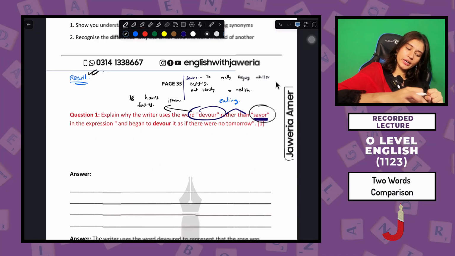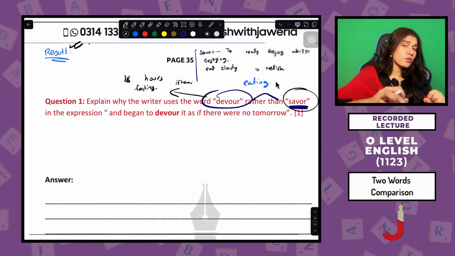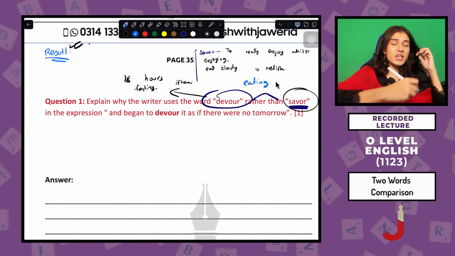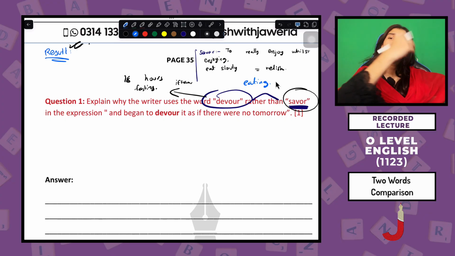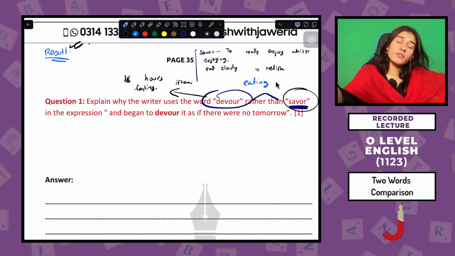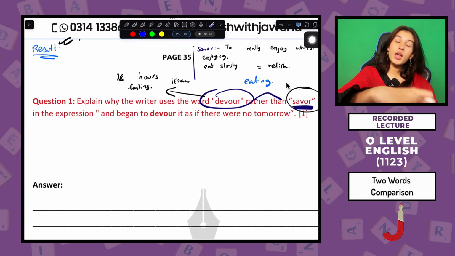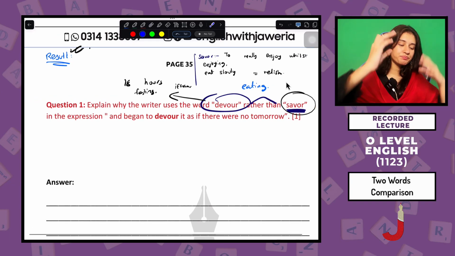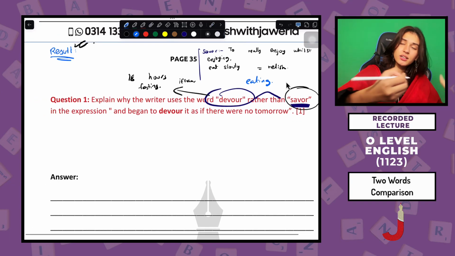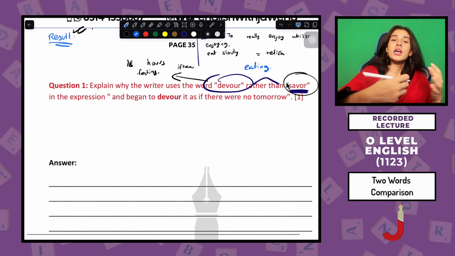So now think about it. How are we supposed to write our answer? First, we're supposed to talk about the difference. So why has the writer used the word devour instead of the word savor? Take 5 seconds and think about it. Time's up. So basically, the difference is of speed once again.